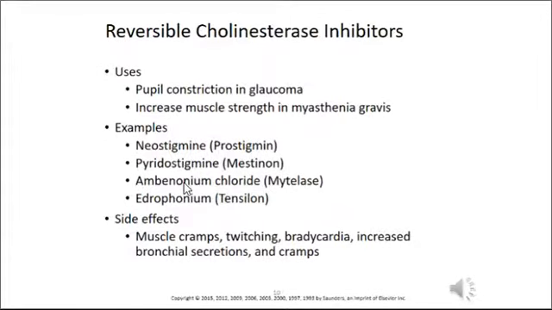These two here, second and third one, are more common to be used with myasthenia gravis, and to help them be able to have muscle contraction and some muscle strength.